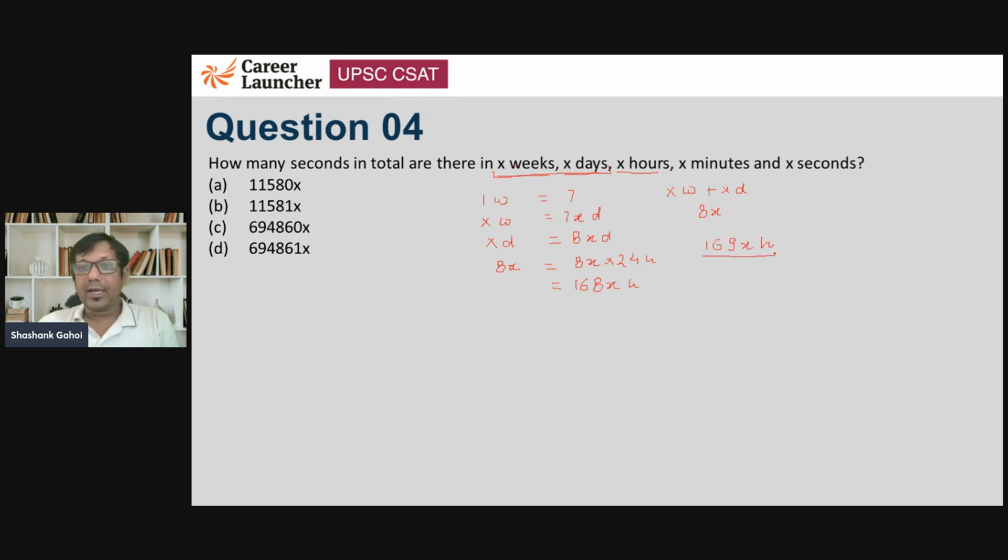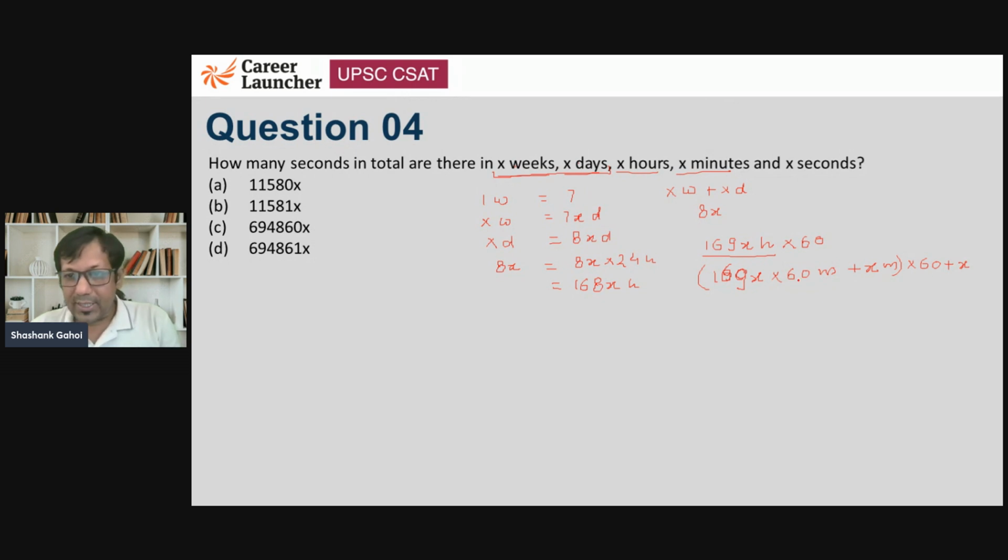So these many hours have how many minutes? Into 60. So the number of minutes are 193X into 60 minutes, plus X more minutes. Okay, so these are the total number of minutes we are talking about. Now minutes multiplied by 60 will give us seconds, plus X seconds is going to give me the total number of seconds we are talking about.